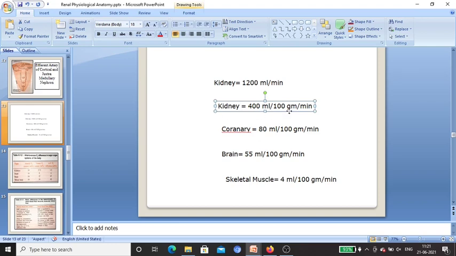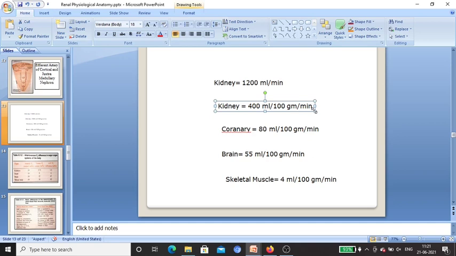And why is it important? Because the metabolic waste products have to be excreted, removed from our body. That's why the kidney receives maximum perfusion. So that is the concept of renal blood flow.